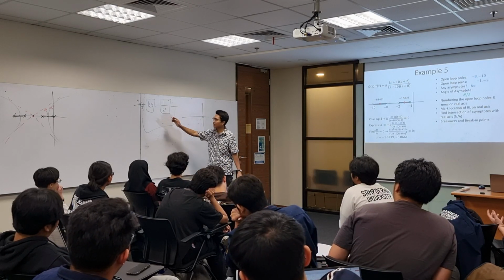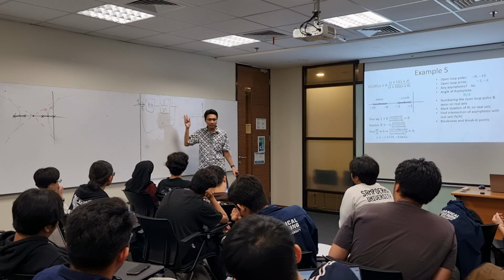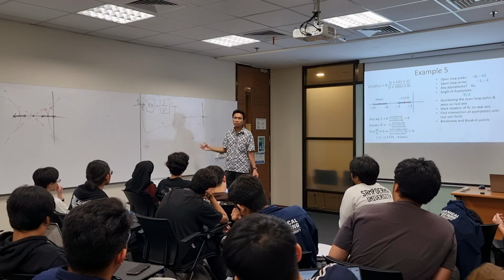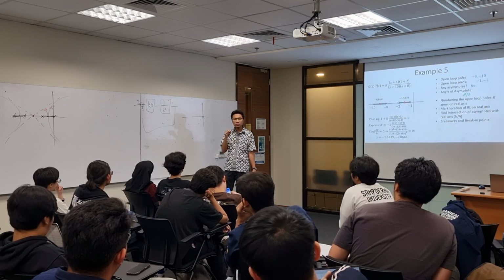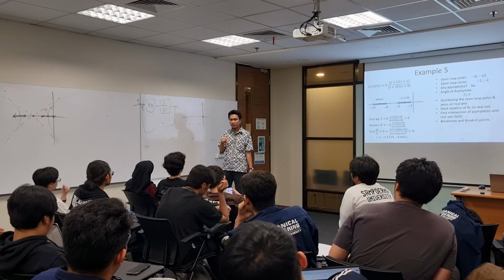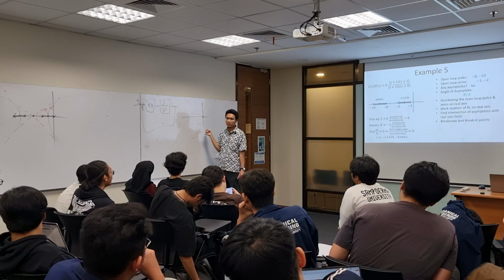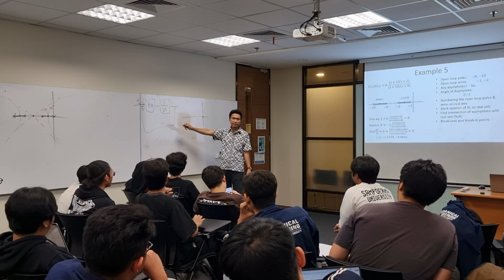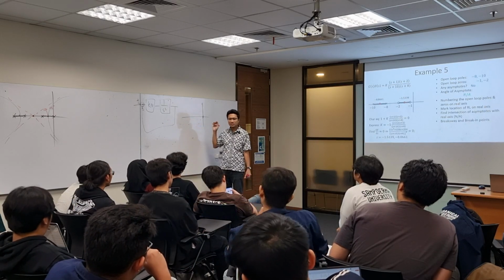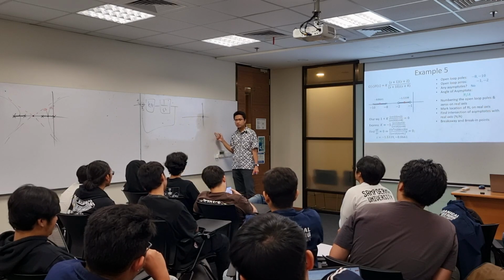So if you leave the k to be a constant, will it be stable? No. Without computing the closed loop, you know that the closed loop will be unstable for whatever k you put there. That's the knowledge you get by knowing the root locus behavior.